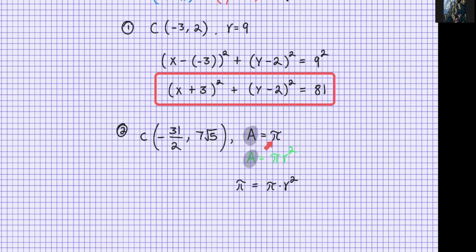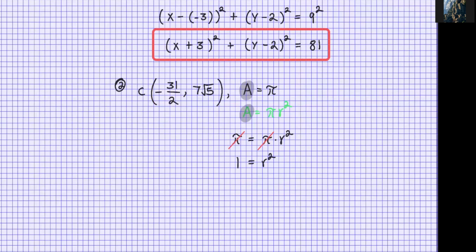Whenever we have the same value on both sides of an equality, such as in this case, the value is simplified to 1. So we end up with 1 equals the square radius. Therefore, the radius is equal to 1.